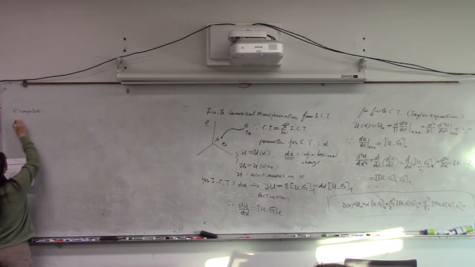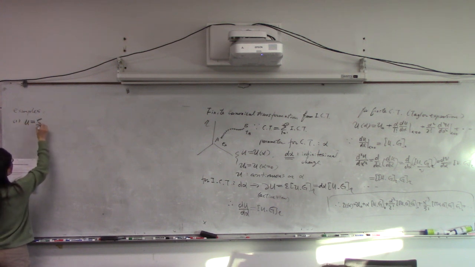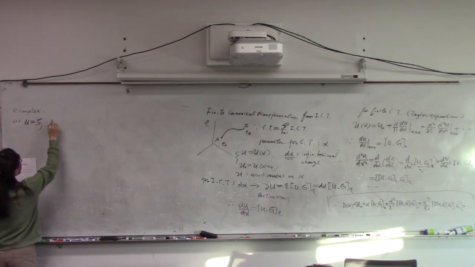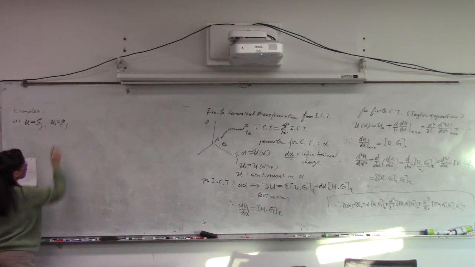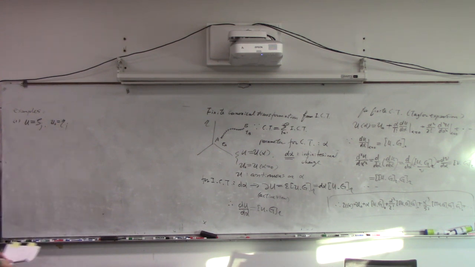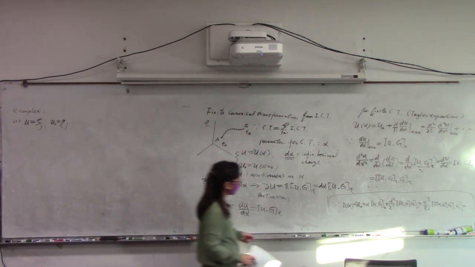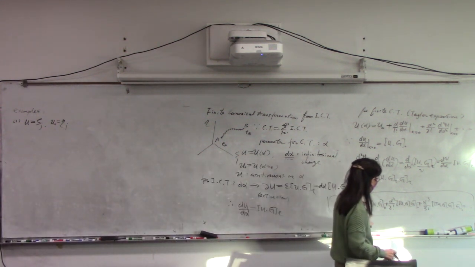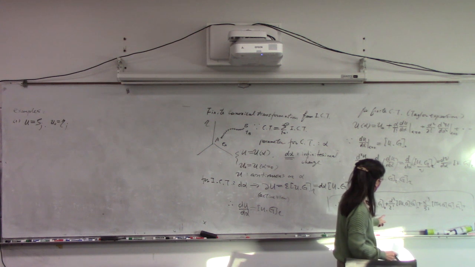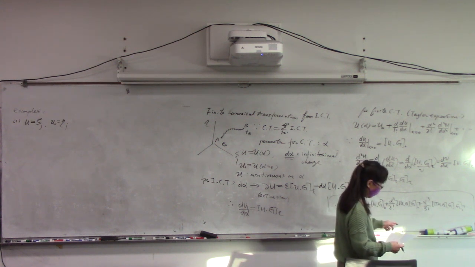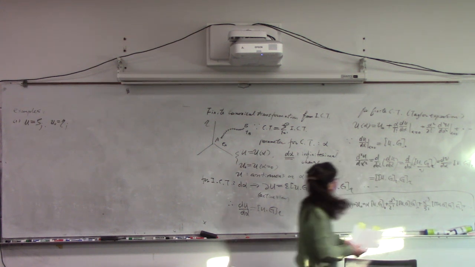Examples. First one. Let's say u equals zeta G. And so u naught is eta G, is the beginning, right? No question, okay.